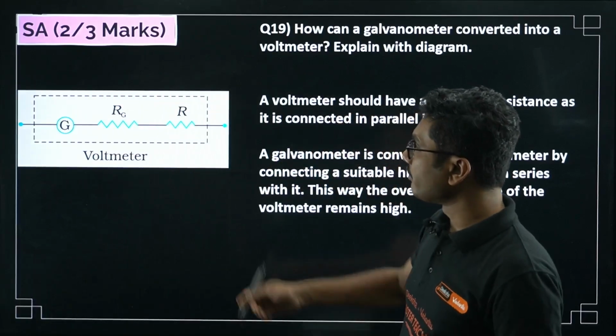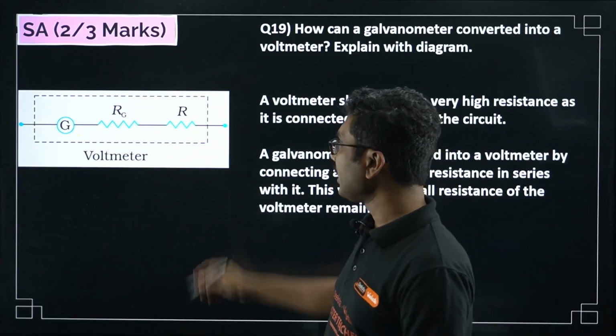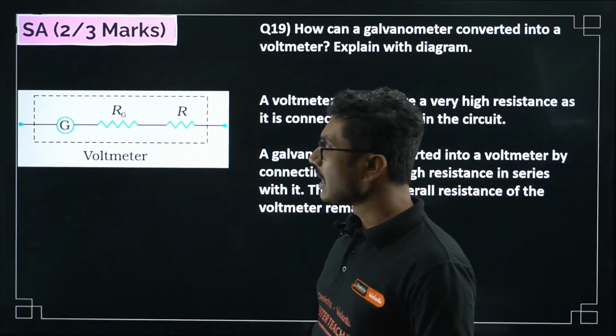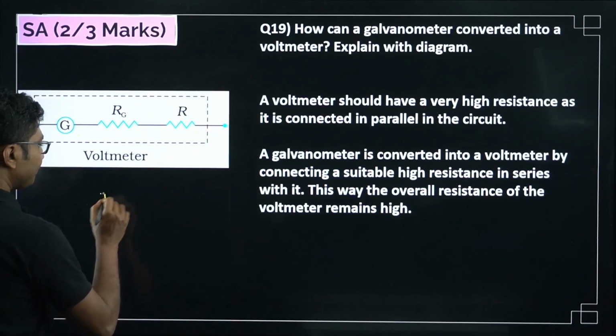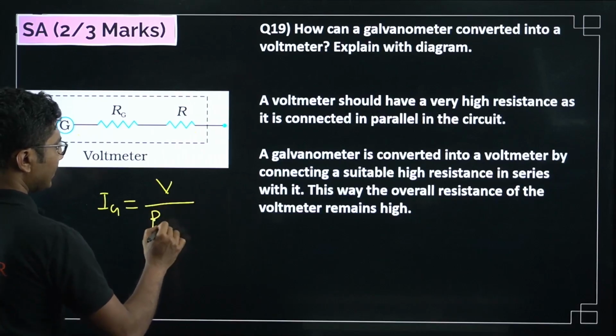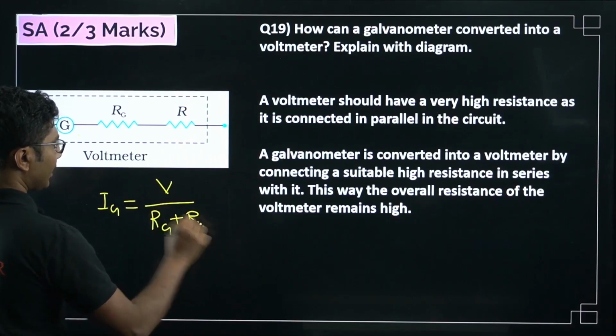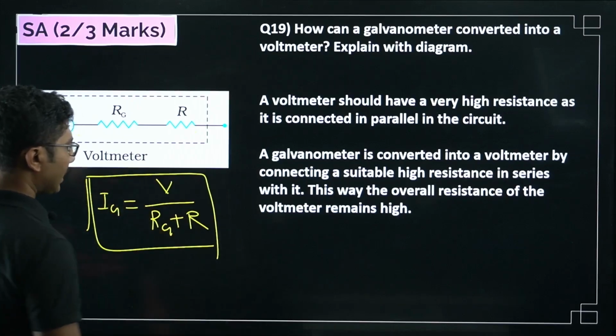In case of a voltmeter you have to apply a very high resistance in series. The current in the galvanometer, Ig, can be given by V by Rg plus R. So this is the formula that you can write here.